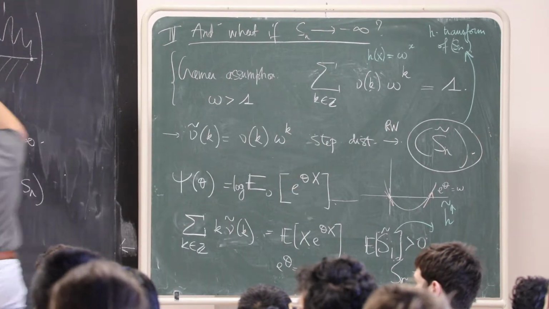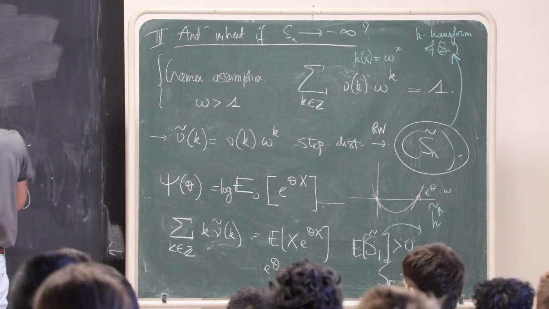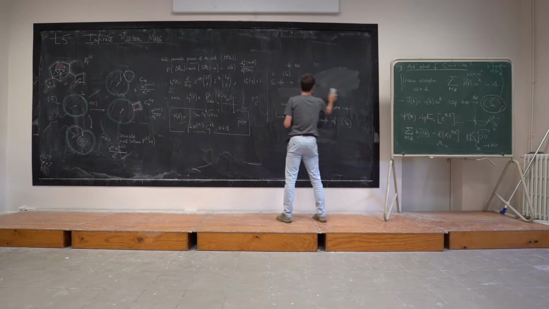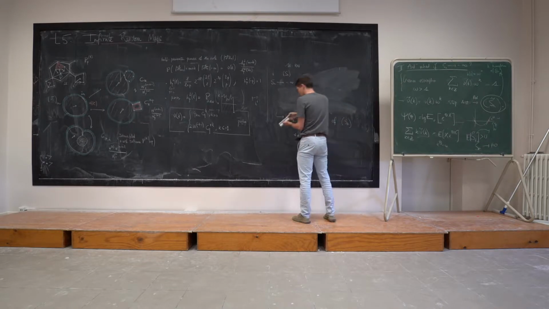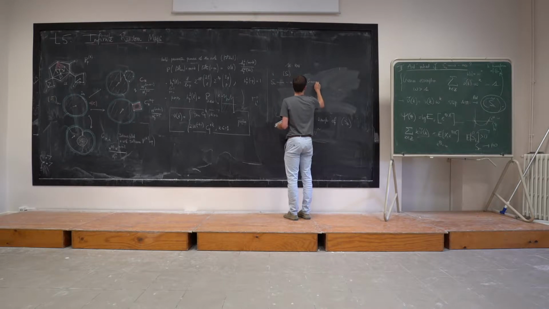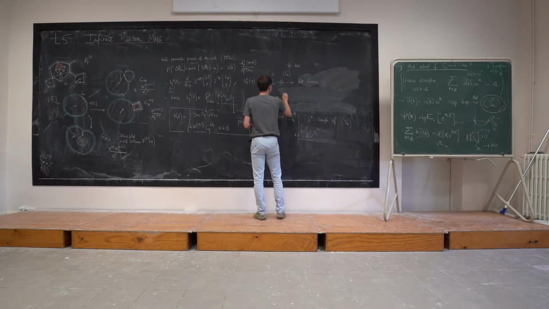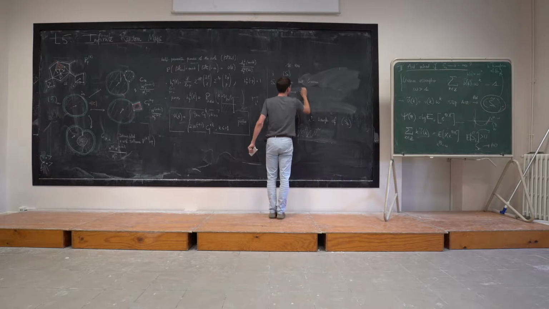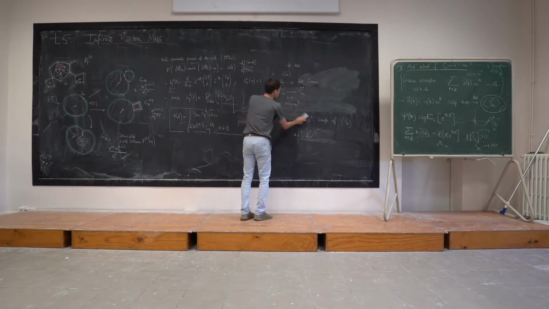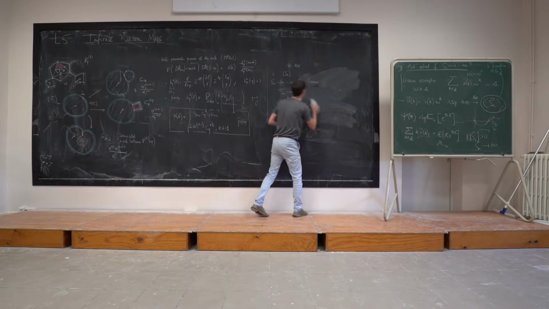So let me summarize here. In this case, if S n drifts towards minus infinity, but you have Cramer, then you go from S n to S n tilde by an H transform, where h of x is omega to the x. This is the so-called associated random walk.